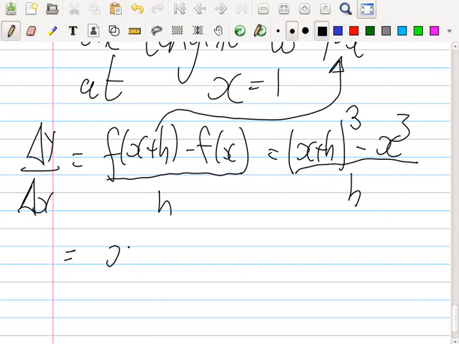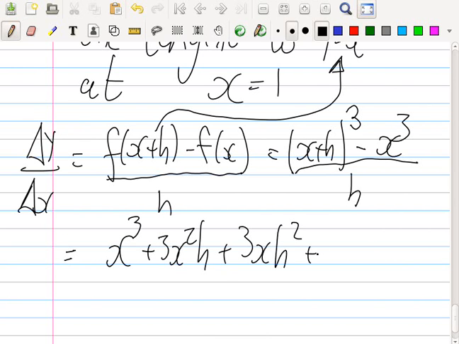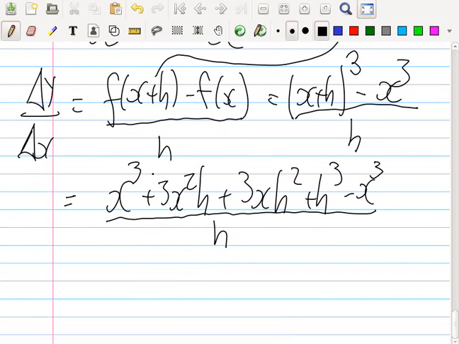So the answer here would be x cubed plus 3x squared h plus 3x h squared plus h cubed minus x cubed, over h. Now, what happens to the x cubes? They cancel. Notice how there's an h in everything, and I'm dividing by h. So I can cancel this with this, and I can cancel it with a power, and I can cancel with a power here to make that 2.